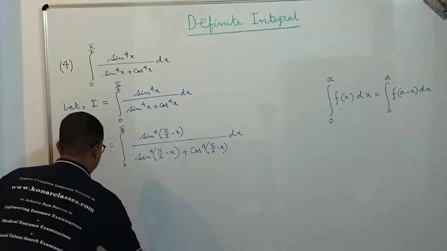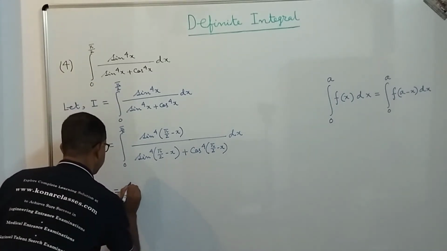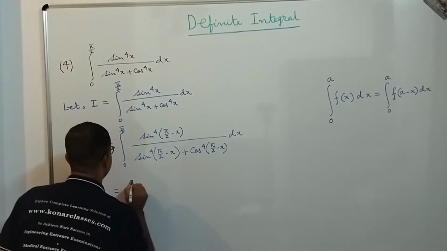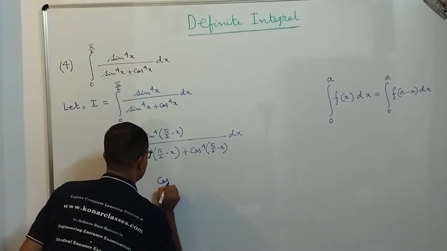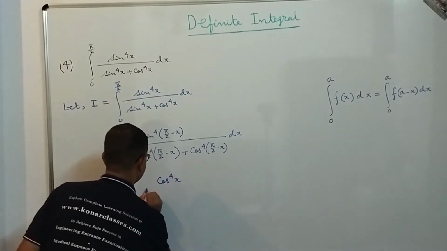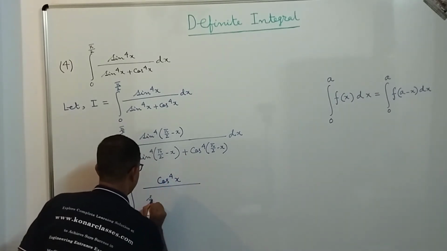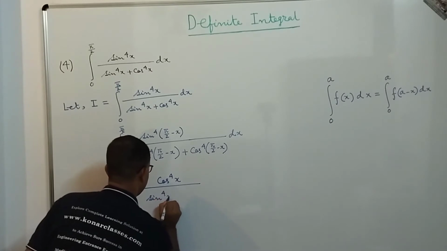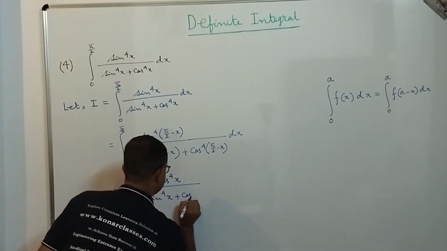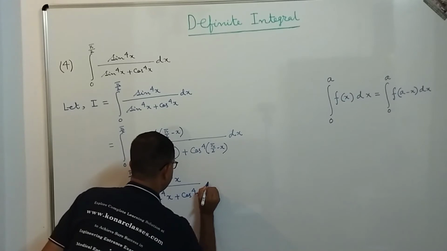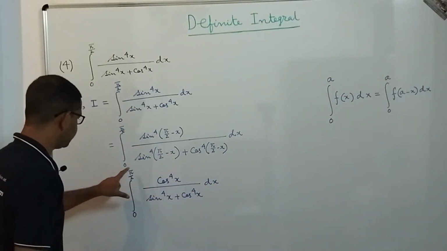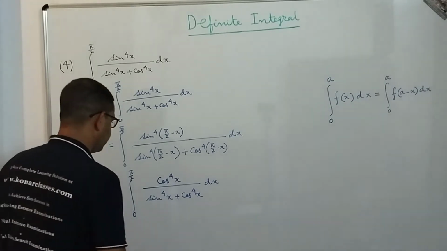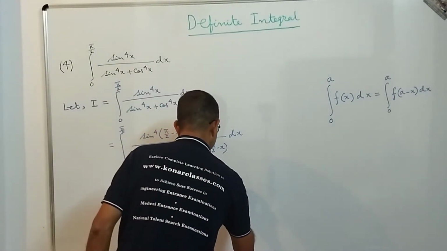So this is equal to, dear students, integration 0 to pi by 2 of cos to the power 4x divided by sine to the power 4x plus cos to the power 4x dx. Now this entire integration is also equal to I, correct.